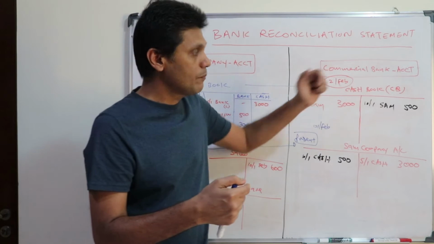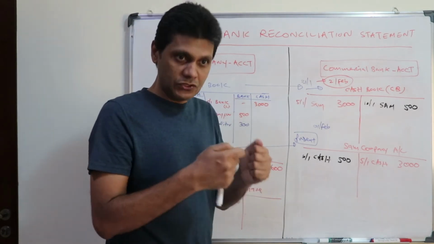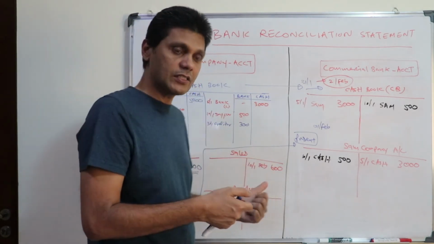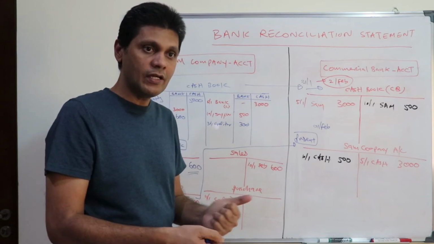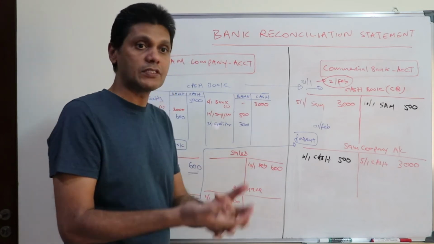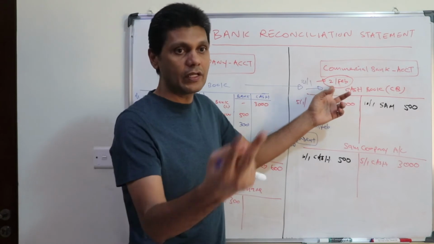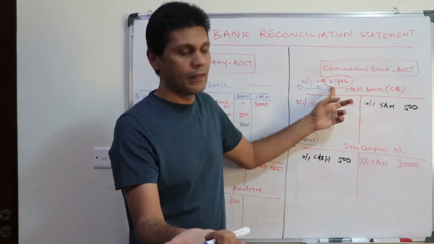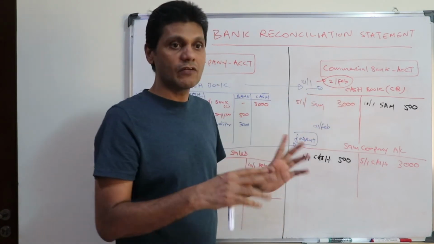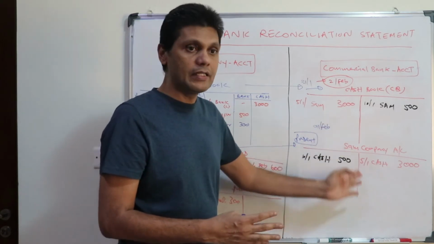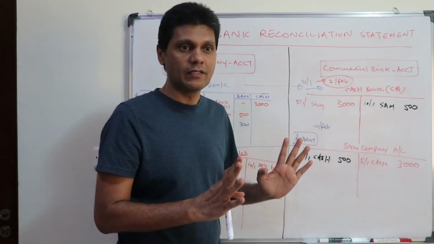The commercial bank accountant has to check with the Citibank whether the customer has cash. First of all you have to get the clearance from the Citibank, so it takes 2 days for this example. So therefore this particular transaction will not be recorded in the month of January.